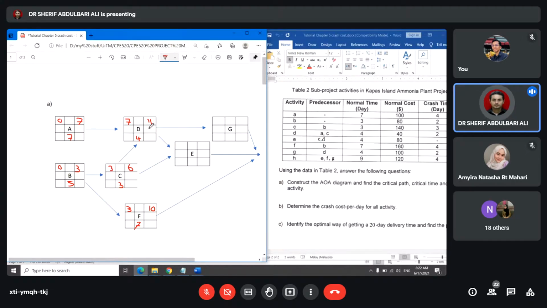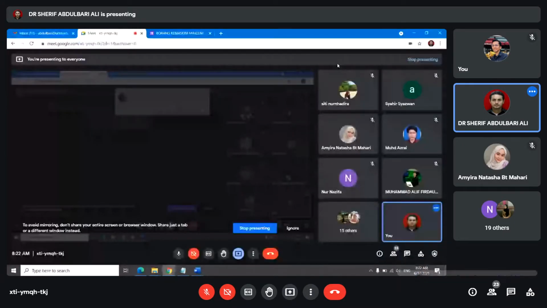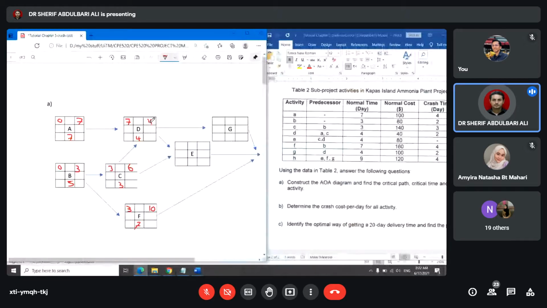Then if we go for activity D, it needs 2 activities to come out, which is G and E. So here is going to be 11. This one is 11. We're not taking 6, we're taking the highest. So activity G is about 4 days. So it's 15.